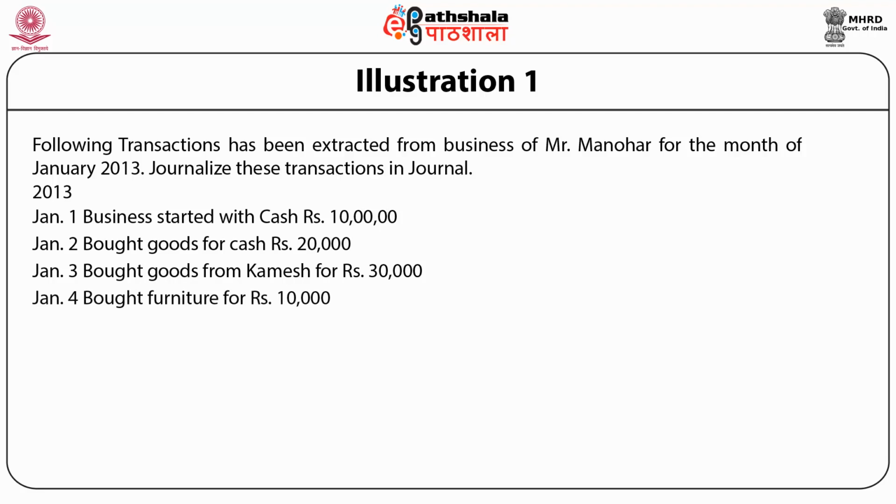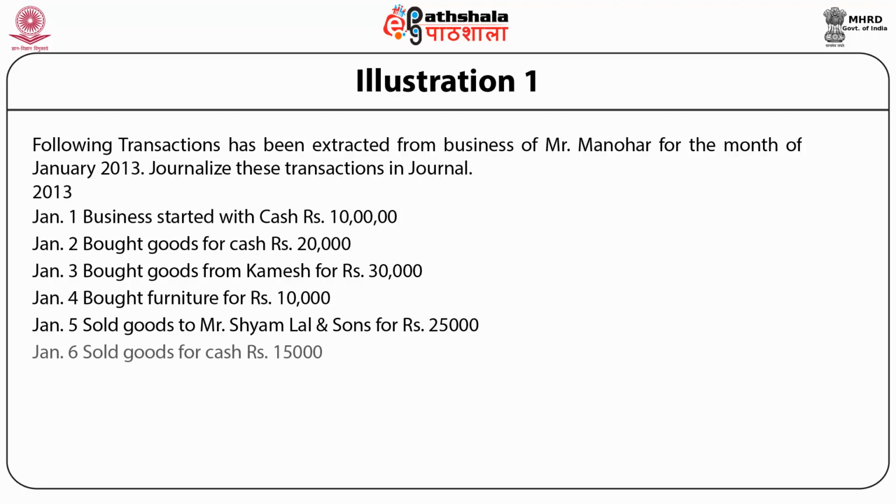On 4th of January, he bought some furniture for the business for rupees 10,000. On 5th of January, he sold some goods to Mr. Shyamlal and Sons for rupees 25,000. On January 6th, he sold some goods for cash rupees 15,000. On January 10th, goods worth 2,000 were withdrawn for personal use.